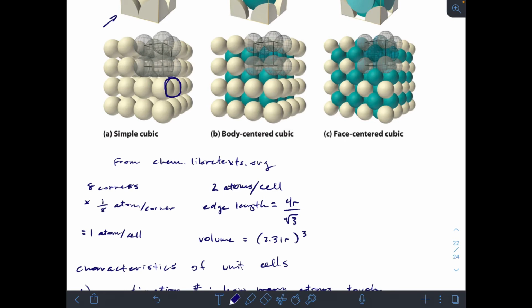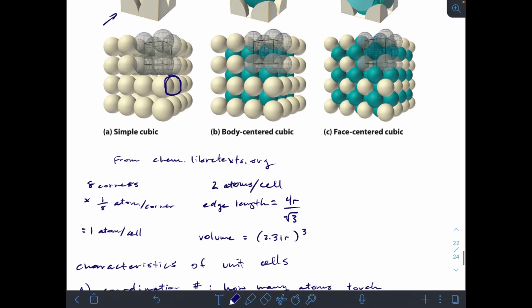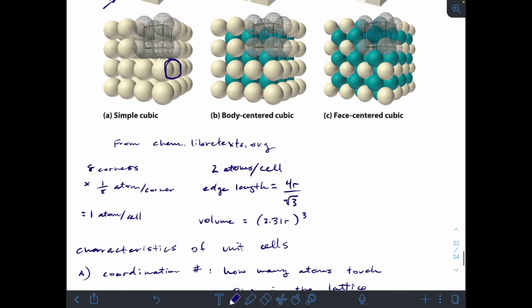And we don't really need to worry about that too much. Let's see, I'm kind of out of room here. I'm going to remove this a little bit. Okay, and for the body-centered cubic, our packing efficiency will be 68%.